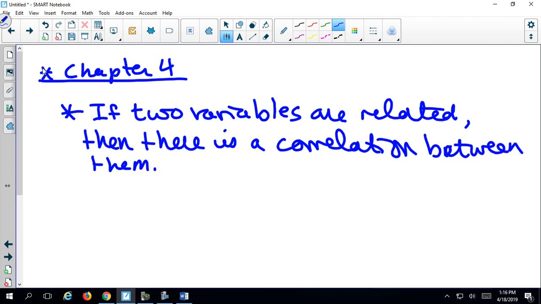If two variables or two data sets are related, then there is a correlation. Okay, so we just say correlation for relationship. We think wins and points per game is related. So we say there's a correlation.